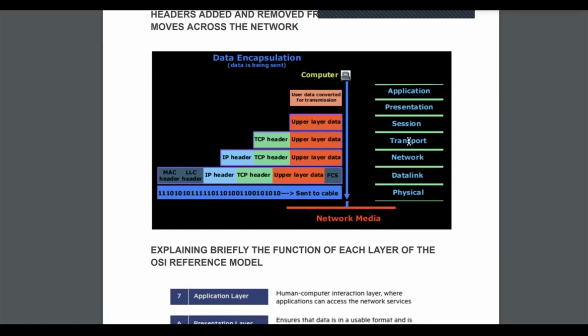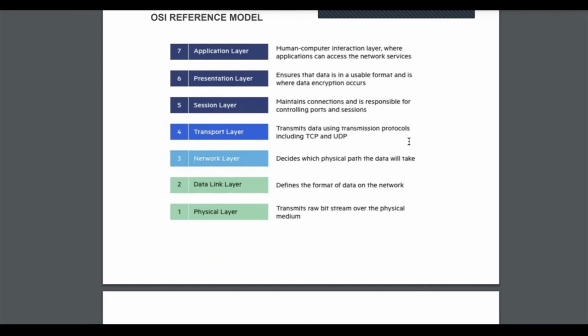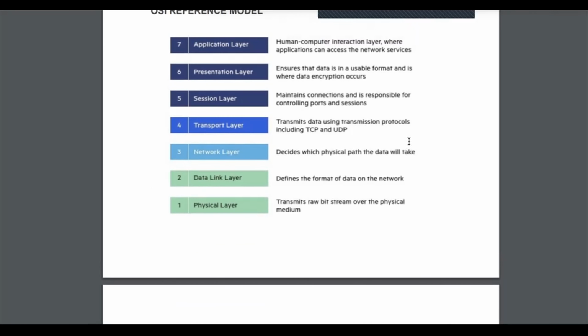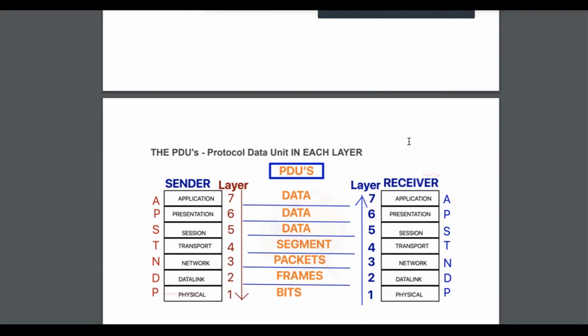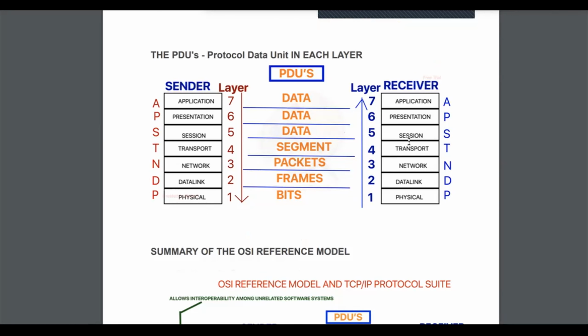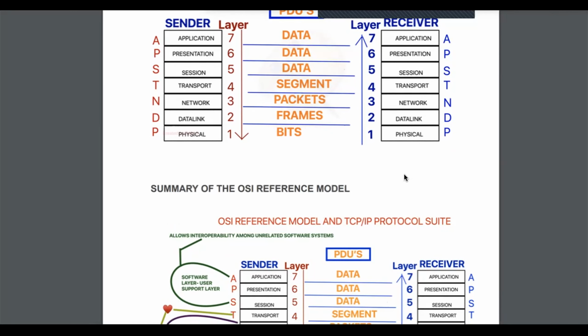Then we also talked about headers being added and removed in the computer network as the information moves to and fro. We also talked about the functions of each layer in the OSI model, the protocols and devices you can find in each layer, and finally the PDUs, the protocol data units in each layer.